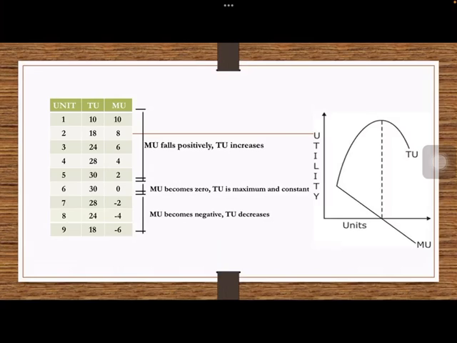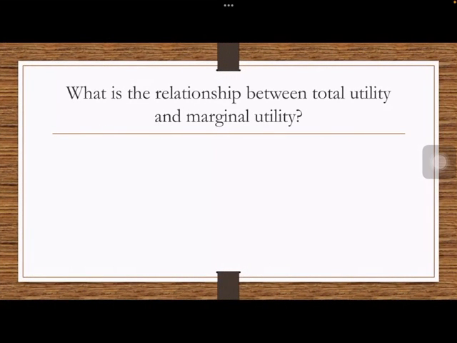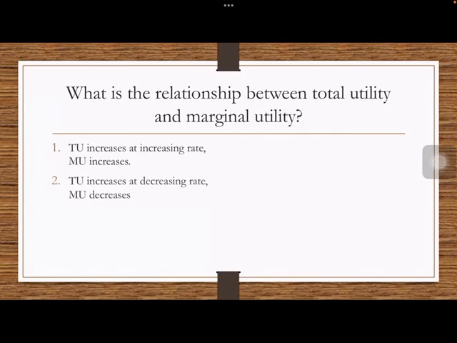When TU declines, MU becomes negative, so it goes below the x-axis. This is the relationship between TU and MU we just discussed. There are 3 relationships, displayed on your screen. That can be seen both in the table and the diagram.